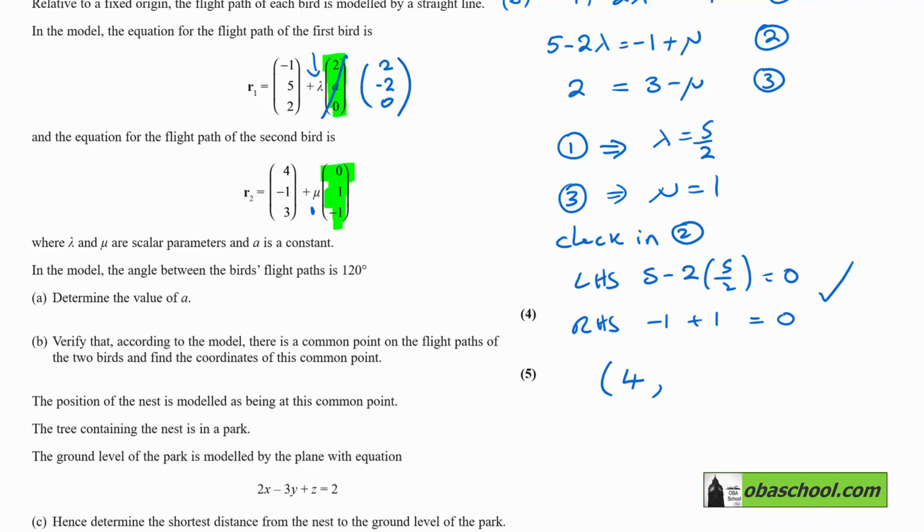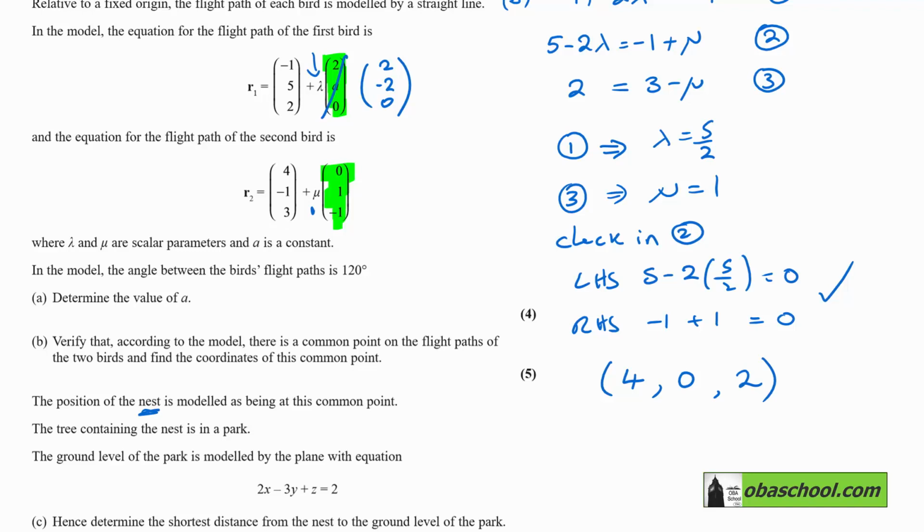And then we've got -1 plus μ, which is 0, which we knew from our check before. And then we've got 3 take away 1, which is 2. So (4, 0, 2). The position of the nest is modelled as being this common point. So the nest is at (4, 0, 2).